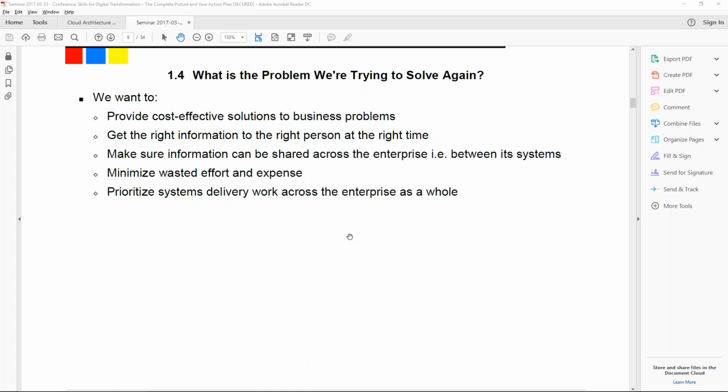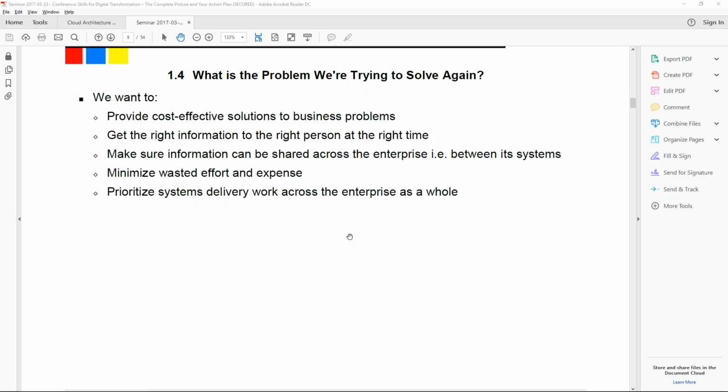That is the basic Agile problem. That's the Agile problem.